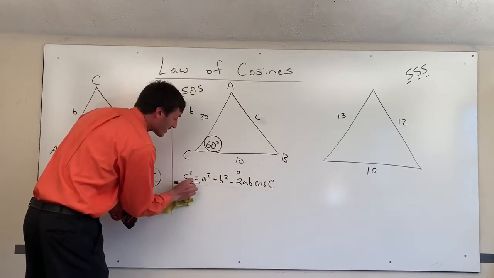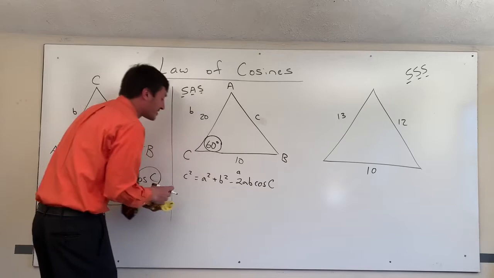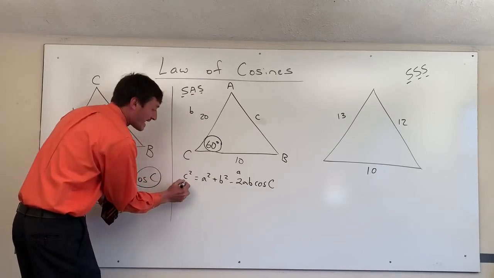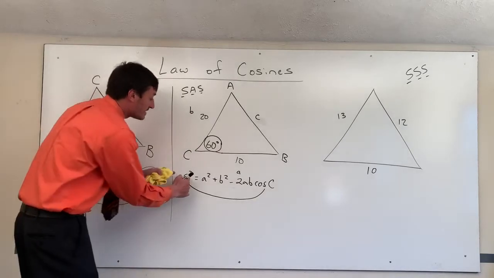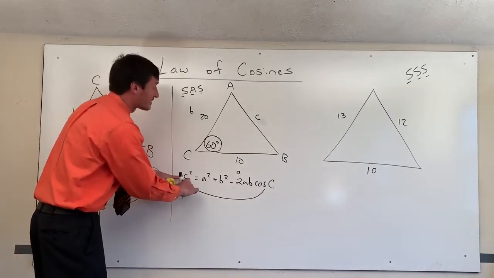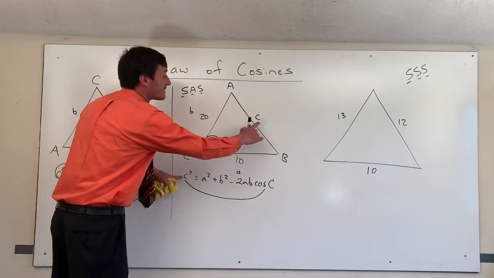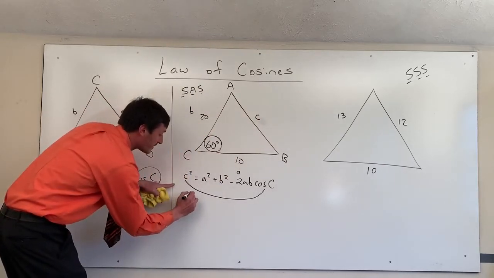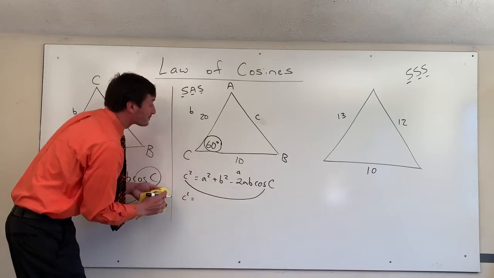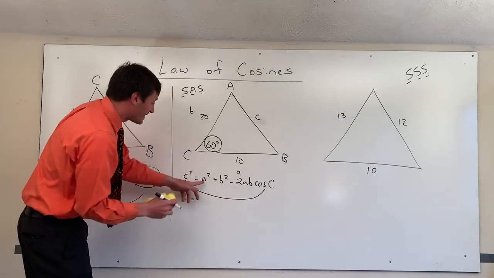But what do we want to do? Well, let's fill in the information first. We know that we have to connect these two pieces of information. Okay, so c squared is our side squared. And in this we don't know the side, so we're just going to leave it as c squared is equal to a squared plus b squared.